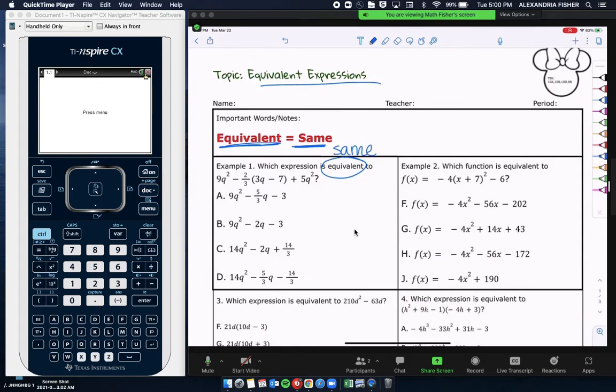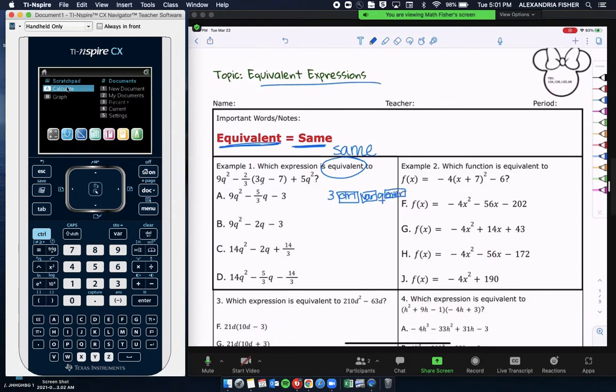And since I have a Q, I'm going to use control bar. Control bar. And remember, we always start with 3 control bar. And then my letter is Q. Q, enter. So I'm going to go to my calculator screen, calculator.